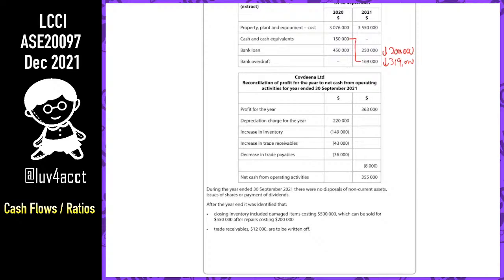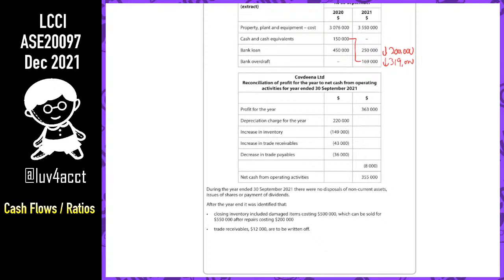Oh yeah, we have bank loan. Why don't we have any interest? Not good. But here, if we are not given the percentage, that means that's it. We have to ignore the effect on interest.